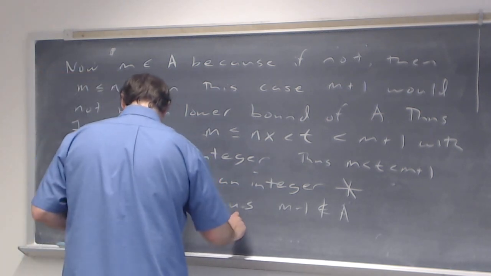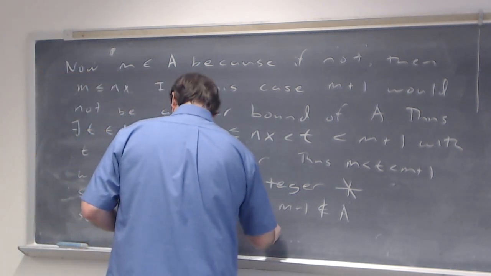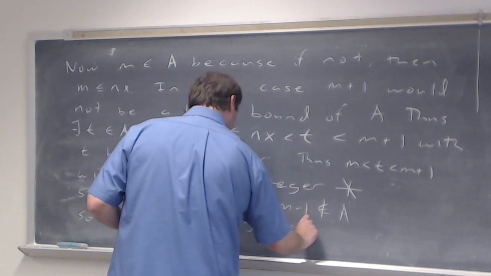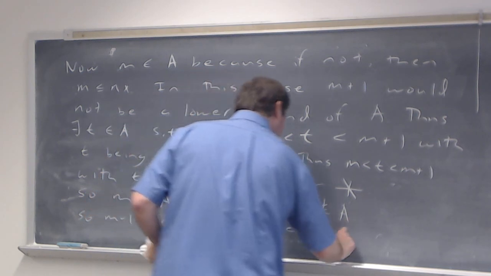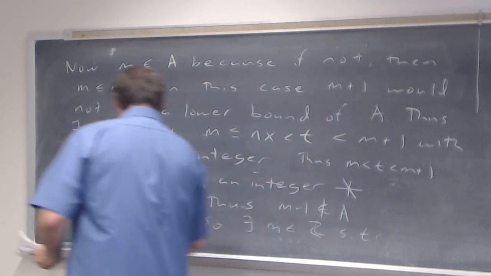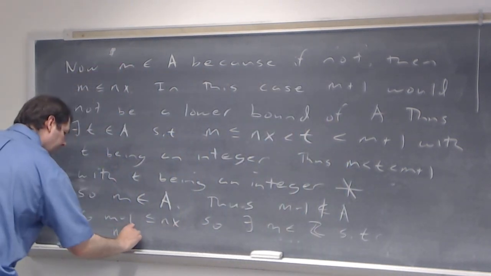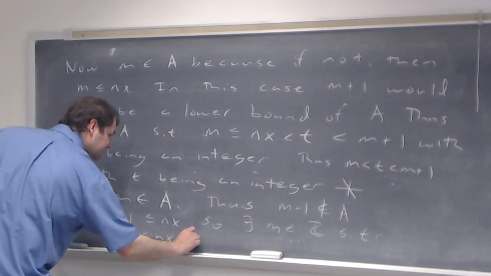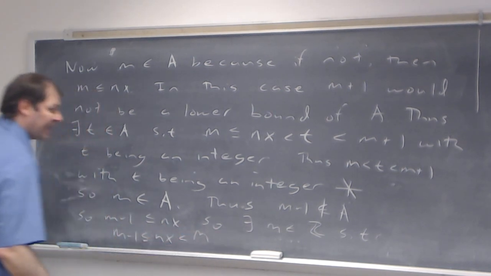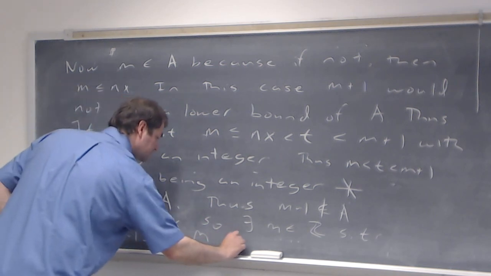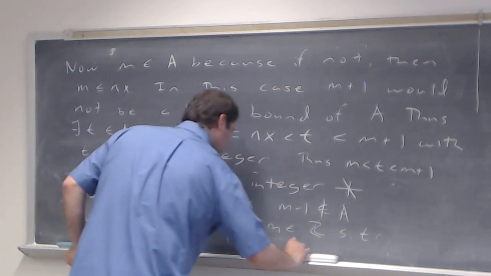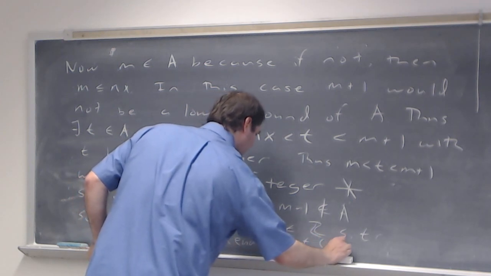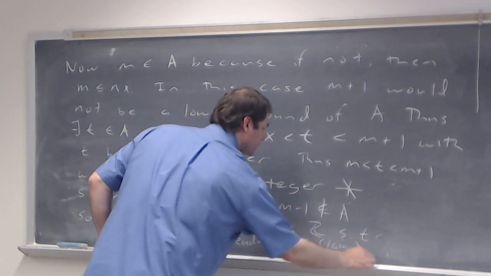So there exists an m element of Z such that m minus 1 is less than or equal to nx, which is less than m. And that ends the proof of claim. But we're not through with proving that Q is dense in R.